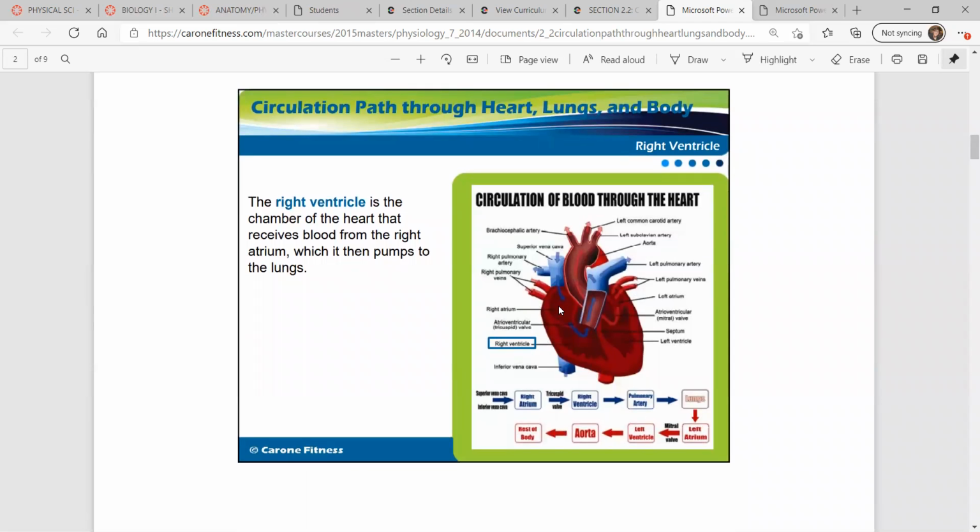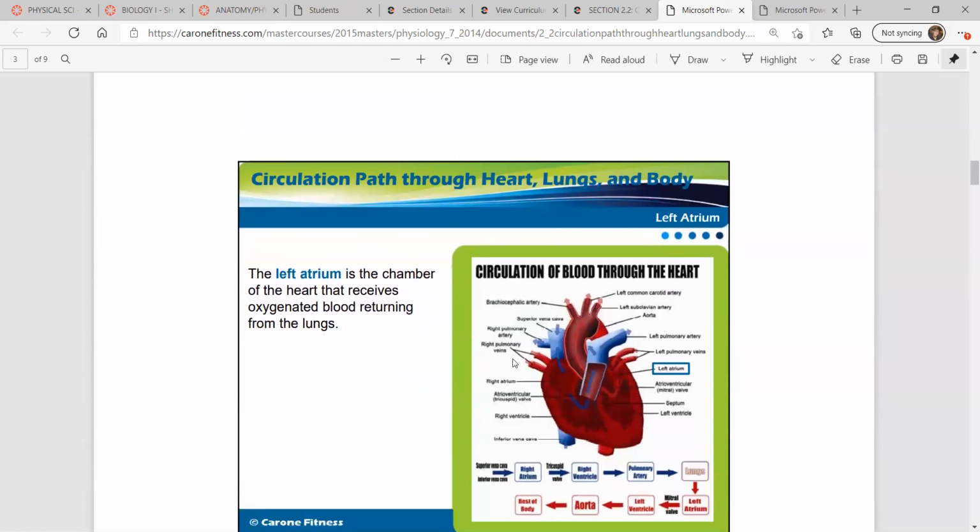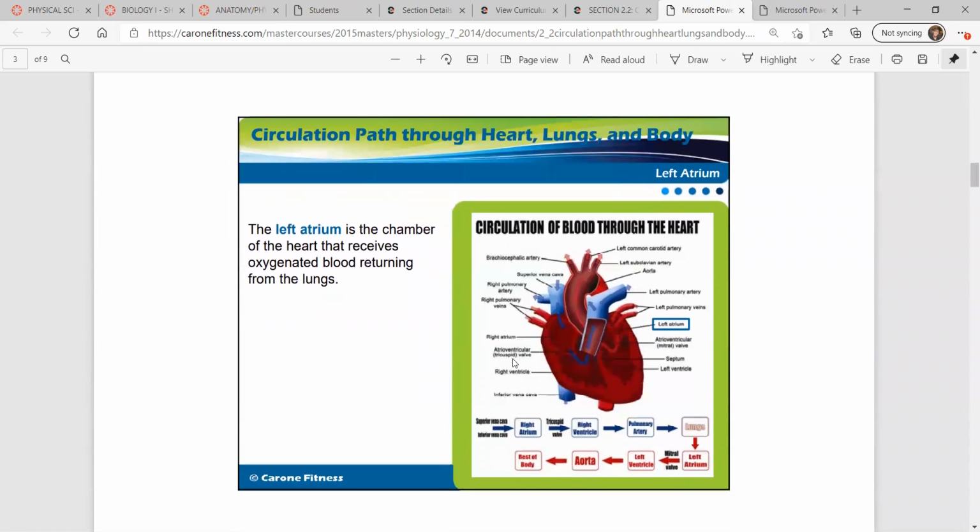So right atrium into the right ventricle, gets pumped to the lungs. The left atrium is the chamber of the heart that receives oxygenated blood returning from the lungs. And that can be seen here. So we have right atrium into the right ventricle to the lungs, and then back to the left atrium.